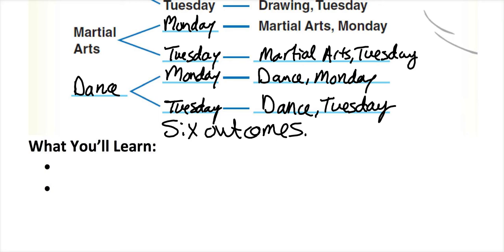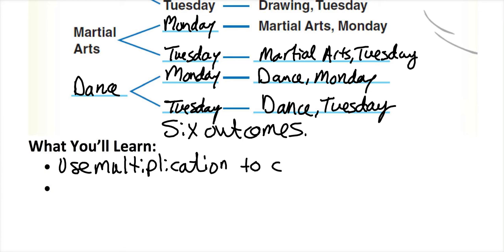All right. Okay, let's look at the objectives for today. So what are we going to learn? Well, what you're going to learn is to use multiplication to count outcomes, and we're going to find probabilities.